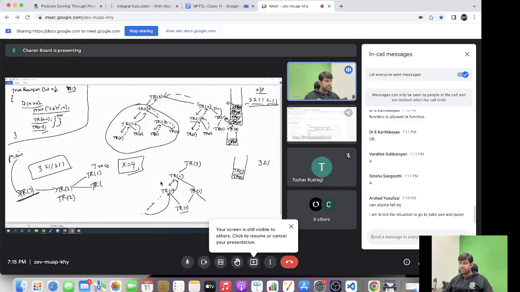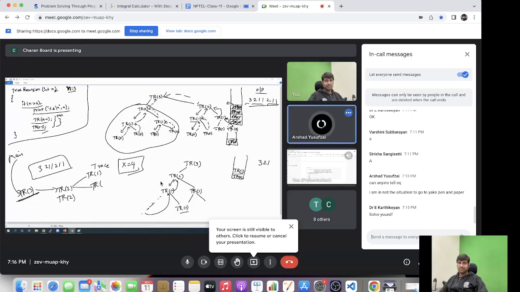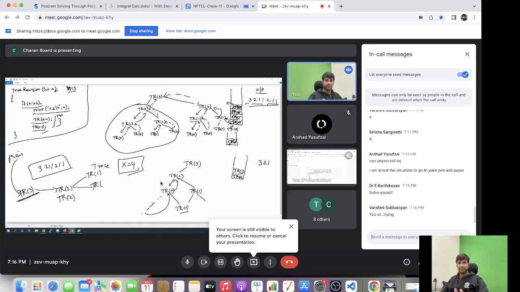Is anybody doing it, or should I write the answer? Should I try to solve this? Sirisha and Varshini, are you trying to solve it yourself? Wait, sir, I am doing it now. Okay. I will give you another 1-2 minutes. Don't worry, you solve it.